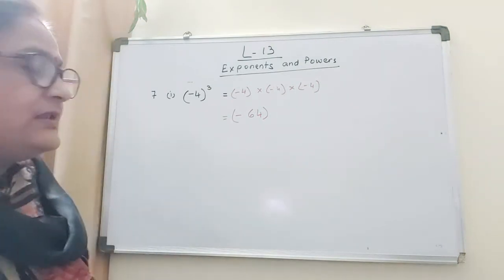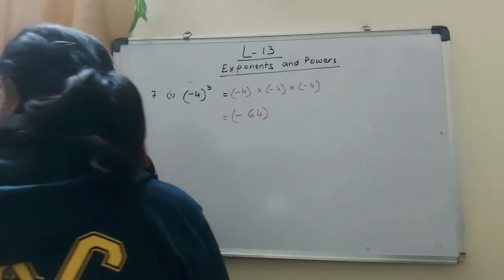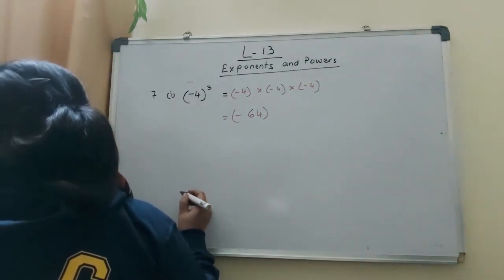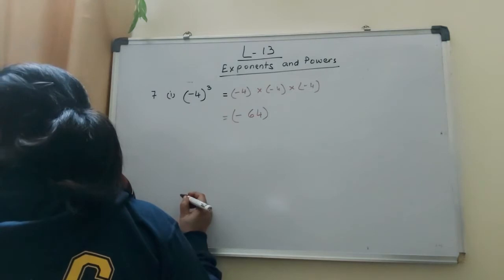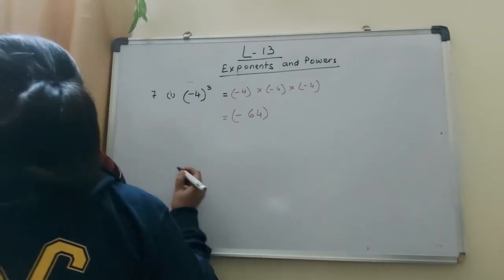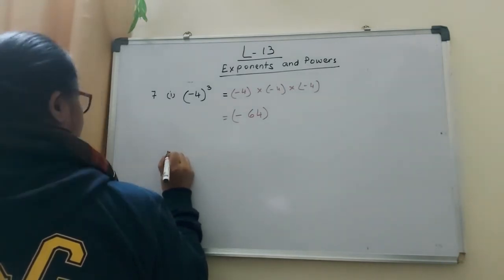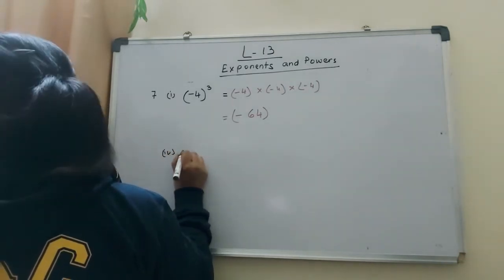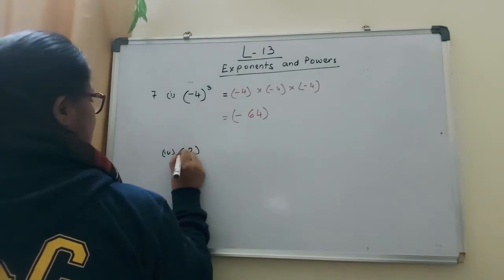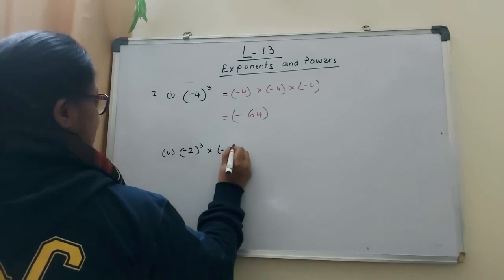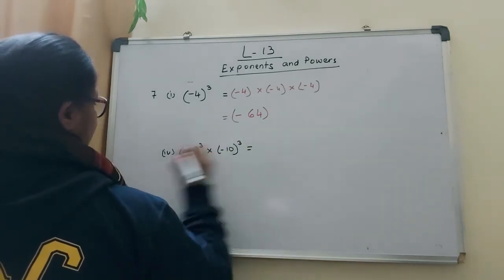Okay. Similarly, I shall do the next one. Okay, let me do number 4: -2 raised to the power of 3 multiplied by -10 raised to the power of 3.